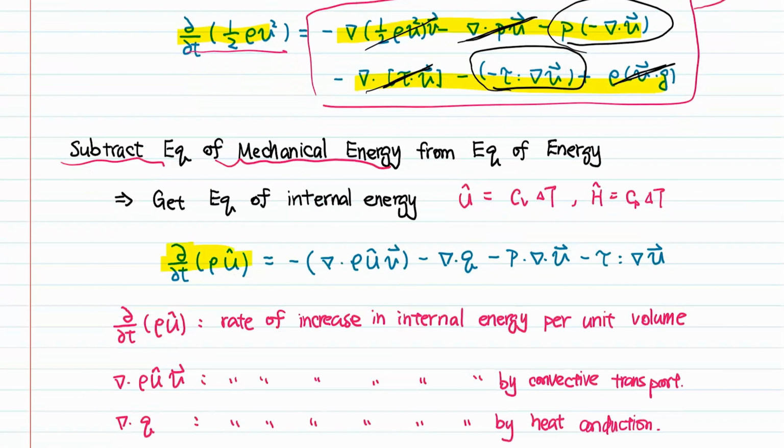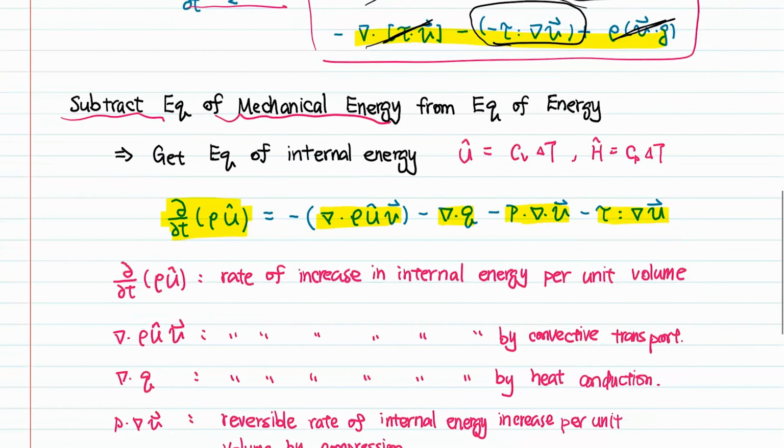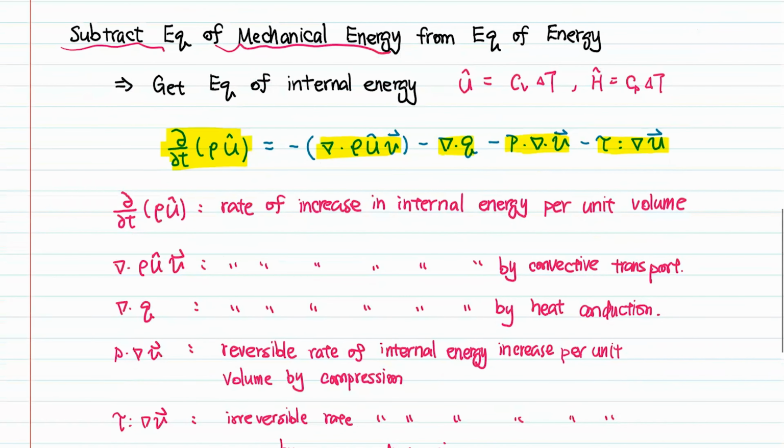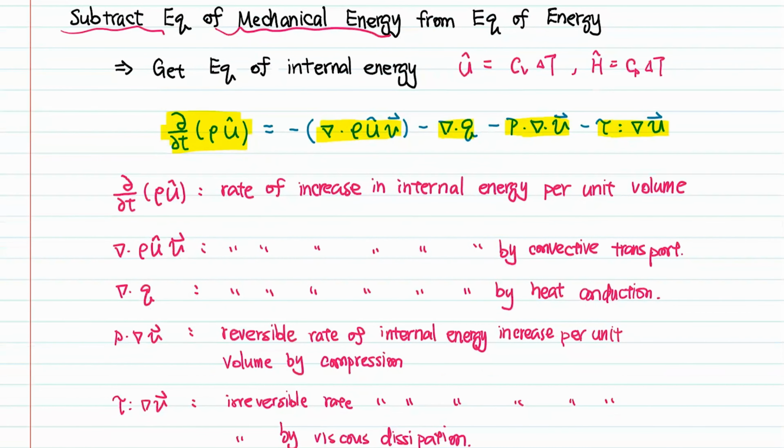On the left hand side we have the rate of increase in internal energy equal to that by convection, by conduction, the reversible change by compression, and the irreversible change by viscous dissipation. Okay, and this doesn't seem to be our final form yet, so we're going to continue.